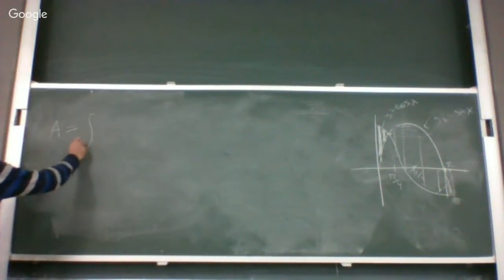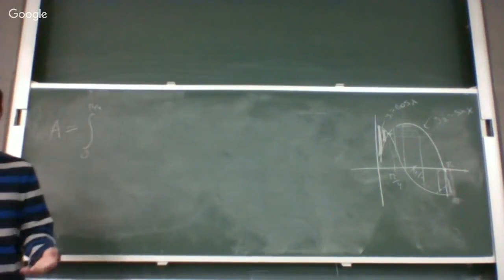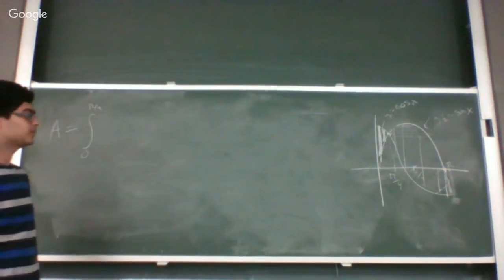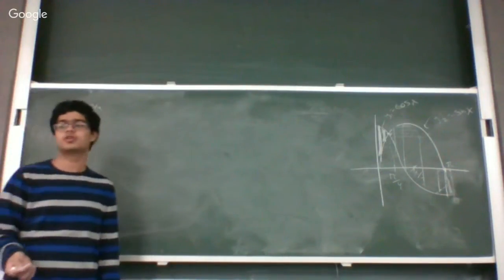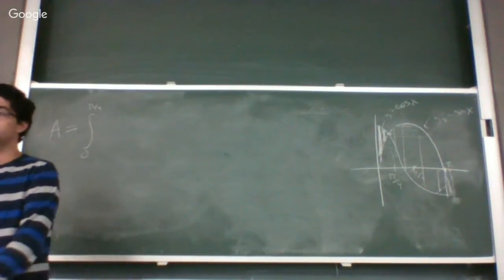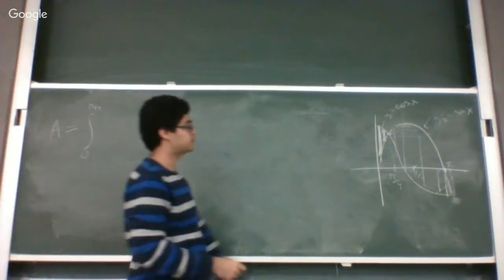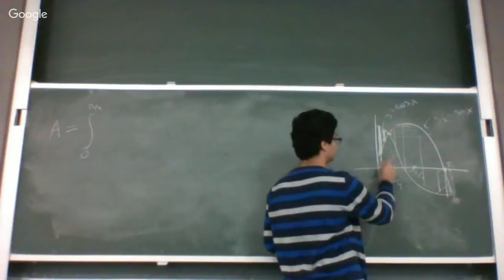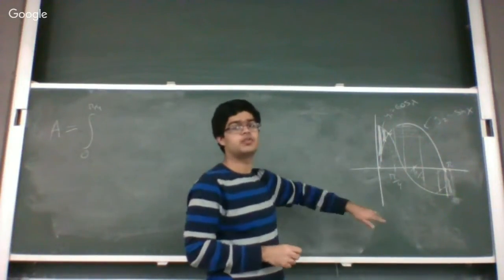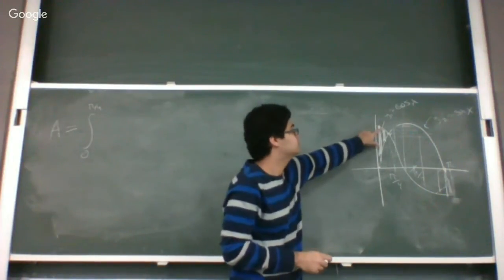So we're going from 0 to pi over 4. So pi over 4 is something that you need to figure out. You can tell that by, if you know your unit circle, at pi over 4, they both equal 1 over root 2. So from 0 to pi over 4, that's from here to here. Okay? We need to do top minus bottom. What is the top function? Cosine.